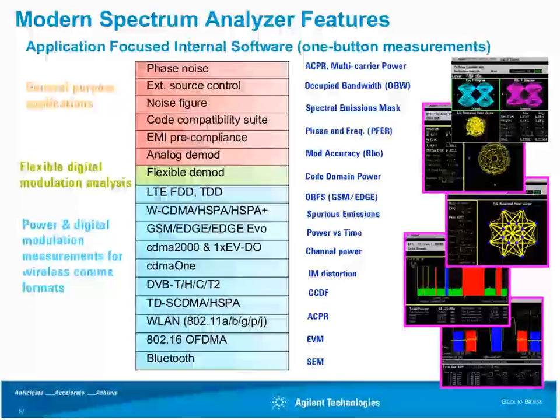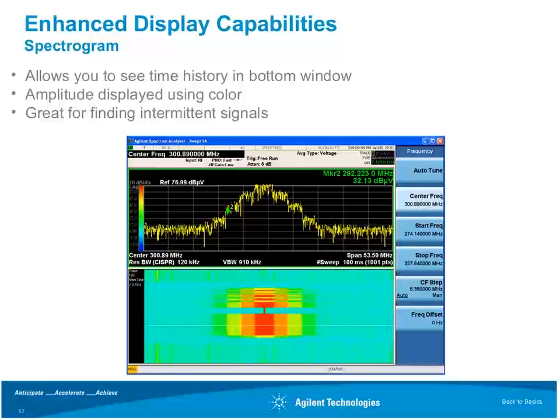Some other nice display capabilities that are available now are things like spectrogram. So up here at the top we have our traditional spectrum display, but imagine if we flip this 90 degrees so it's poking out of the display, and so we would show here on the bottom display the x-axis is frequency, the y-axis is time, and so we show how that signal varies with time, and we use color to indicate amplitude.